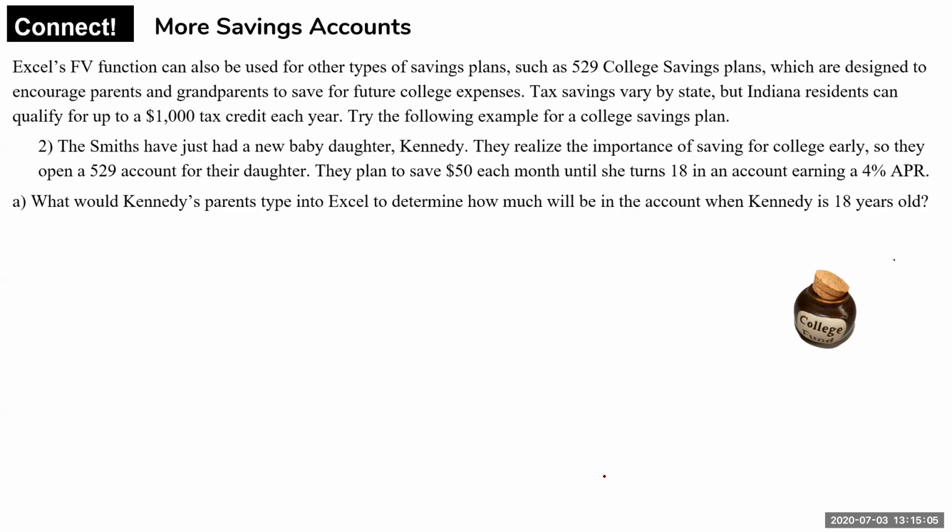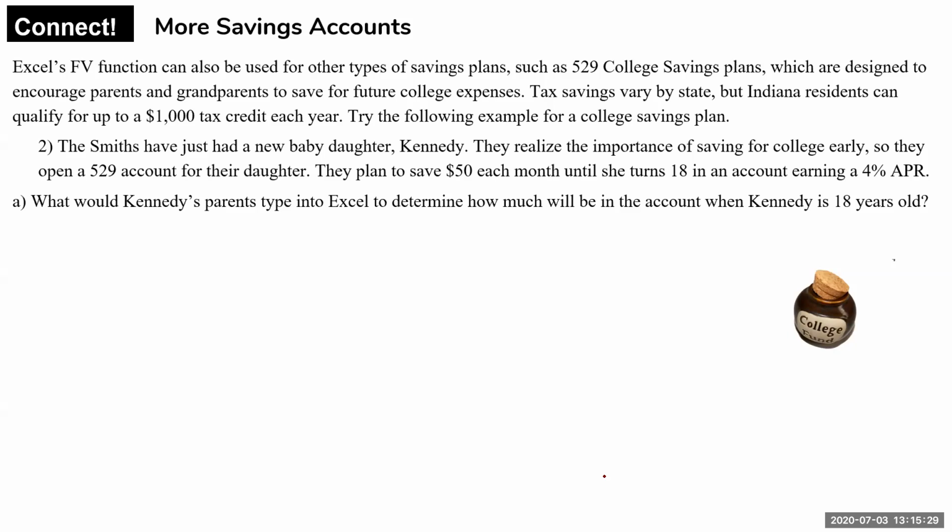Okay, so Excel's FV function can also be used for other types of savings plans, such as 529 college savings plans, which are designed to encourage parents and grandparents to save for future college expenses. Now, tax savings vary by state, but Indiana residents can qualify for up to $1,000 tax credit each year.